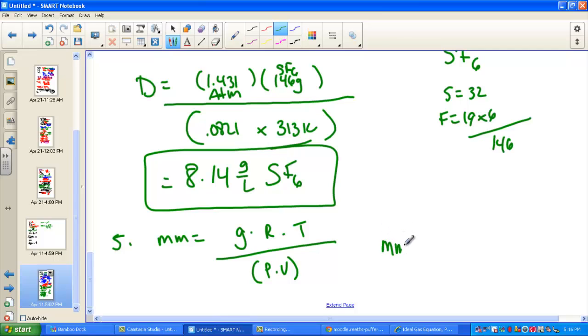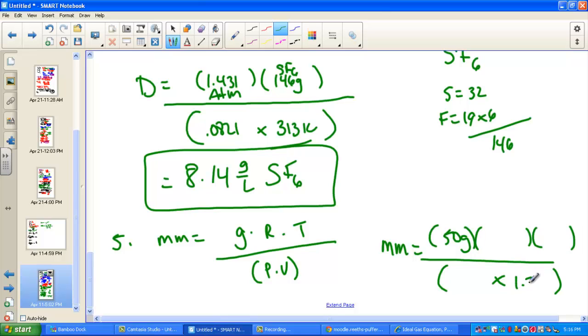50 grams. Let's just get our parentheses ready. Product of P times V. 50 grams goes in the G spot there. We have 1,500 mLs, so that's 1.5 liters for the V. We have 100 kPa.